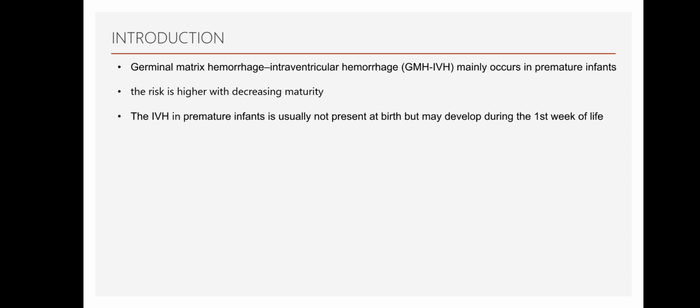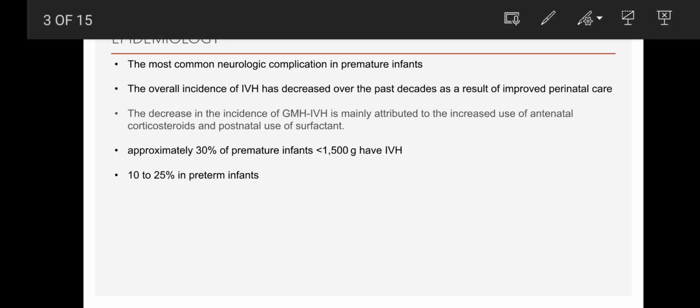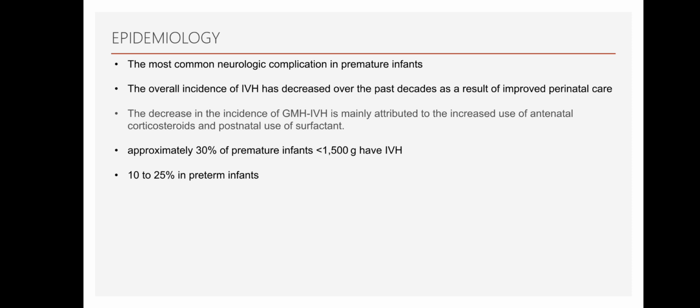And the babies who are born premature may not necessarily have the intraventricular hemorrhage on the first day of life. It is the most common neurologic complication in premature infants.